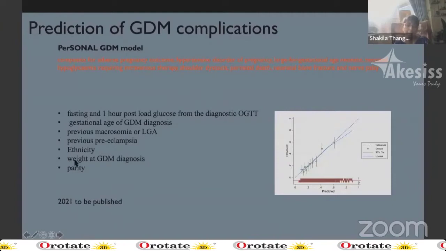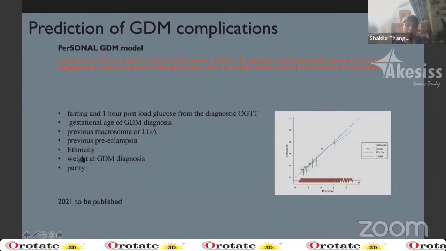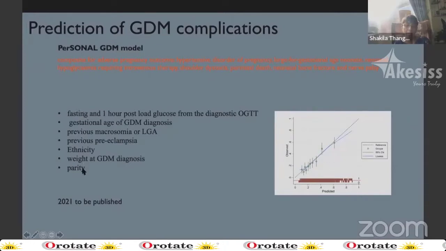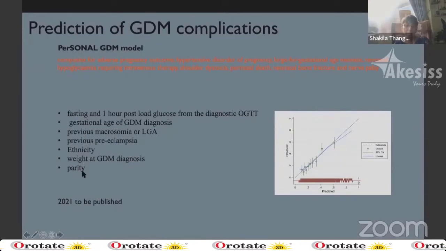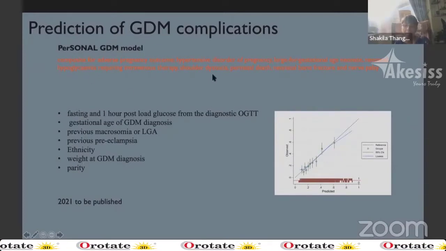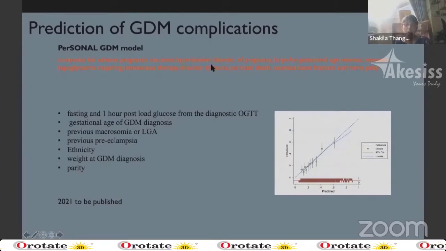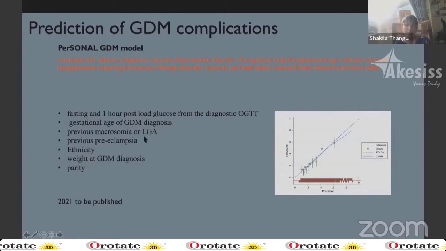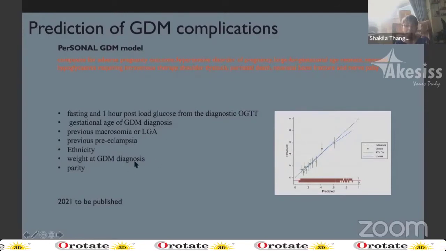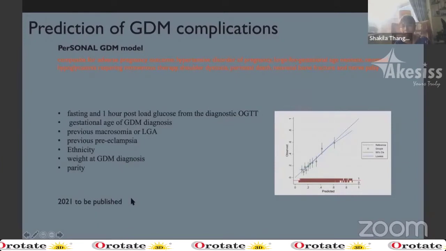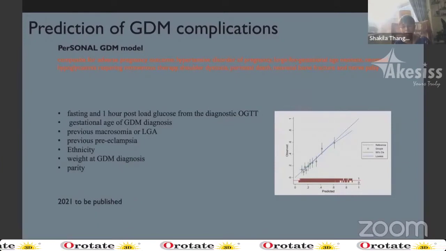And then with Helena's team, we developed the personal GDM model, and we can see that these are the predictors that will provide an individualized risk of having a severe complication for the baby or a hypertensive disorder in the mother. This is just in the process of being published, so it should be coming out either this year or early next year.